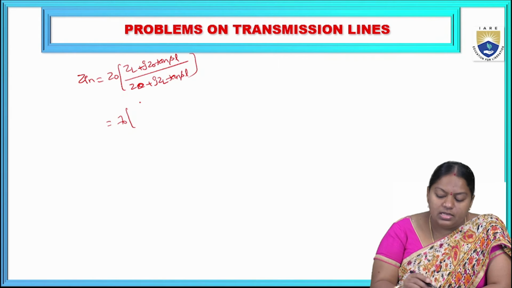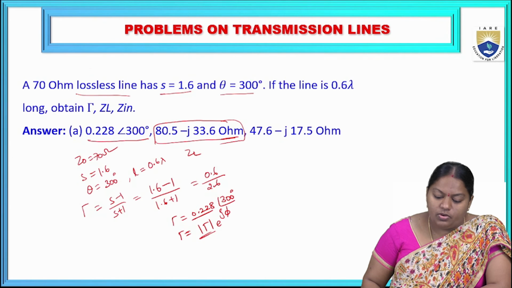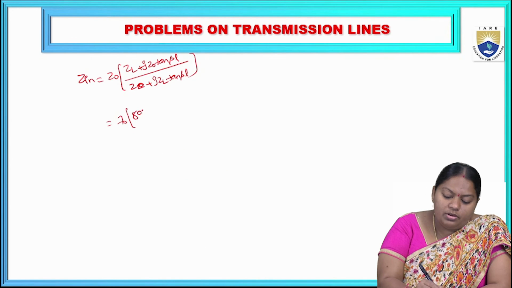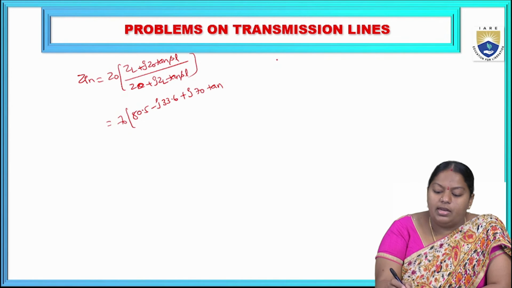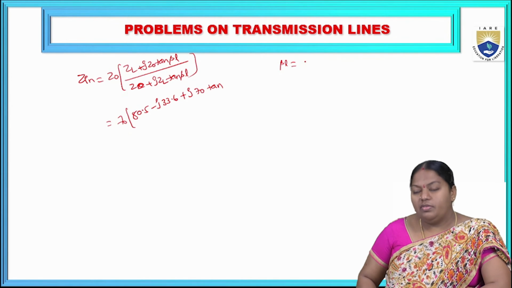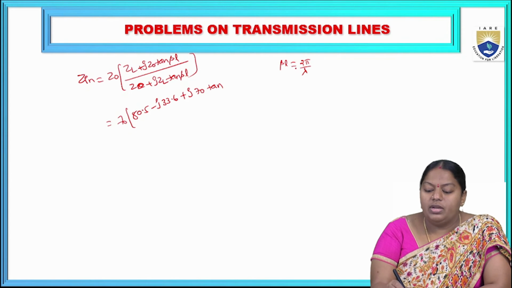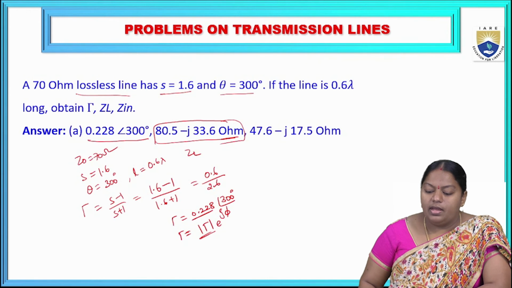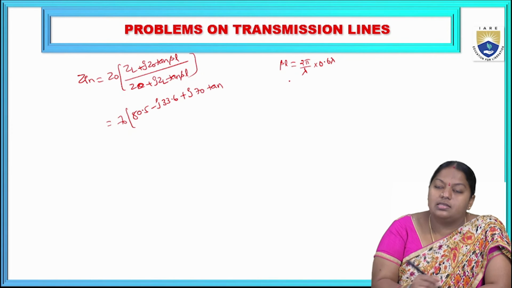Z0 is 70, ZL value is 80.5 minus j33.6, plus jZ0 as 70 tan beta L. First, separately we consider beta into L. We know that the phase constant beta equals 2 pi by lambda, and L is given as 0.6 lambda. Now substitute 0.6 lambda in place of L.